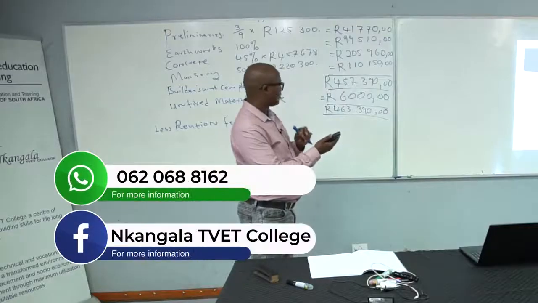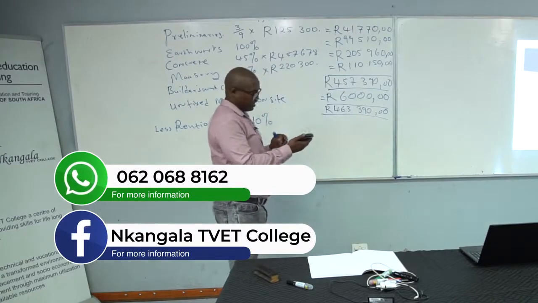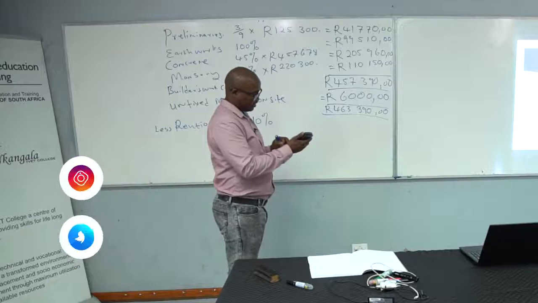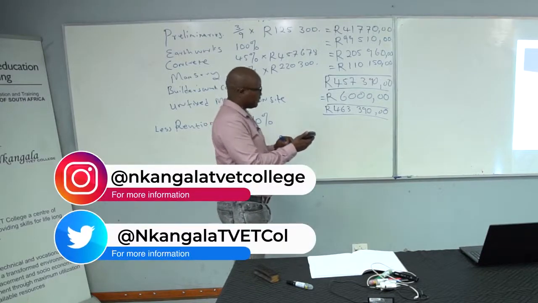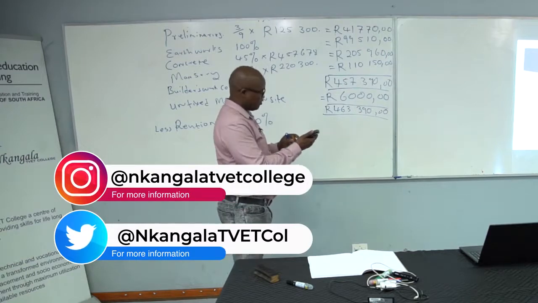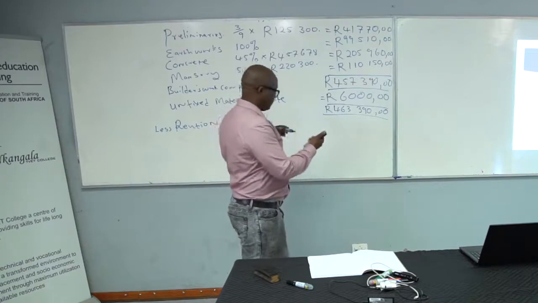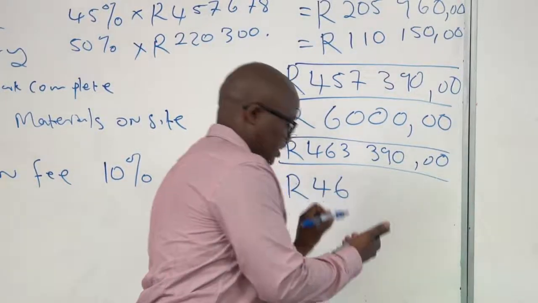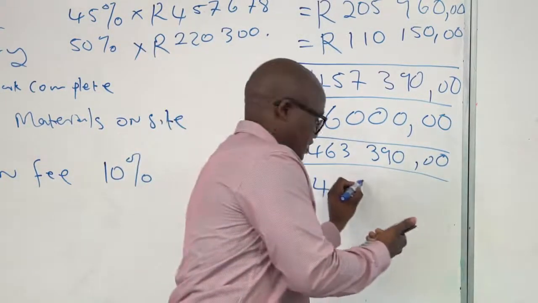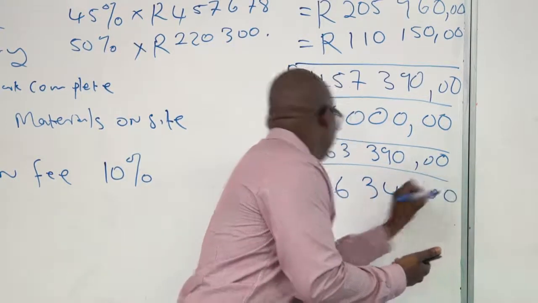Then we work out 10% of this money. We know that it is 10 divided by 100 multiplied by 463,390. It gives us 46,340 rand.